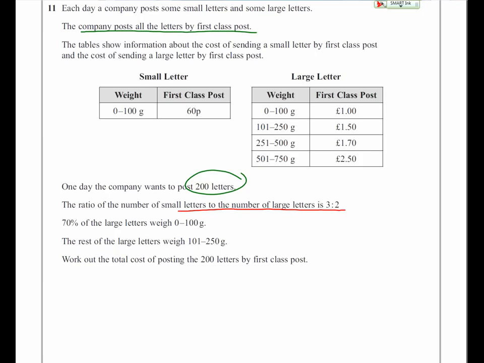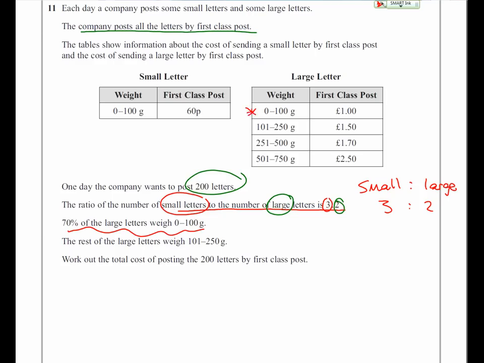So let's write that down. Notice small comes first, so 3 is the small. And large comes second, so 2 is the large. 70% of the large letters weigh 0 to 100 grams.